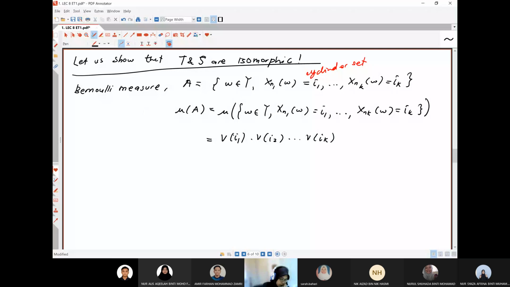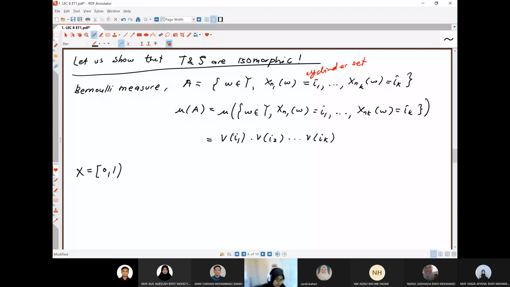So we have nu(i_1) multiplied with nu(i_2) until multiplied with nu(i_k). Okay, now for the case of this one, X is for the dyadic transformation, right?